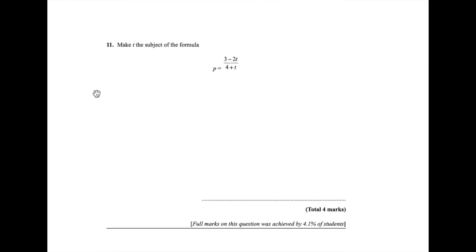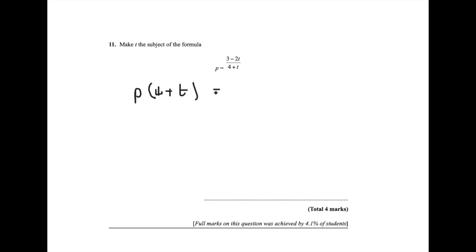We have make t the subject of the formula. So, to do this, if we've got a fraction, I always like to times up by the fraction. So we can do p times 4 plus t is equal to 3 minus 2t.